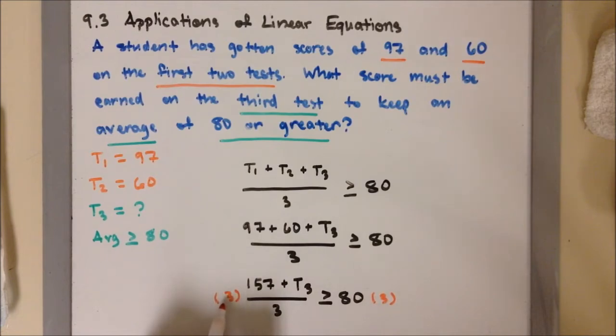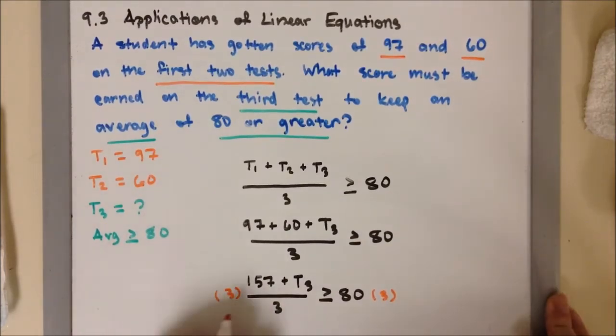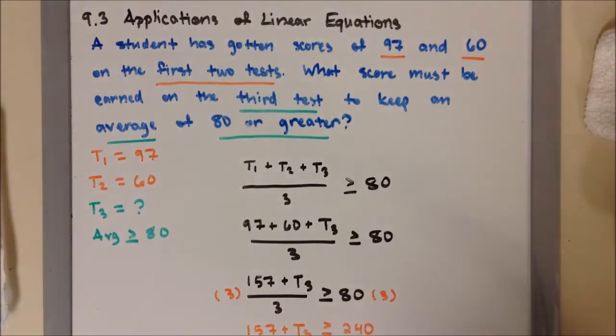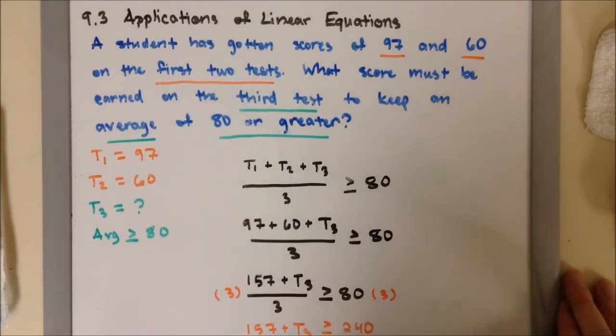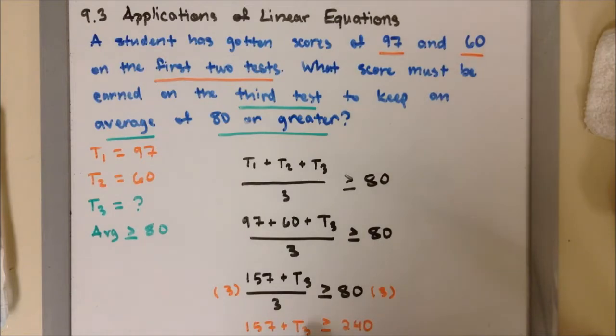When I multiply the fraction by 3, this 3 and that 3 will divide and become 1. So what we're going to have left is 157 plus T3 greater than or equal to 80 times 3, which is 240.